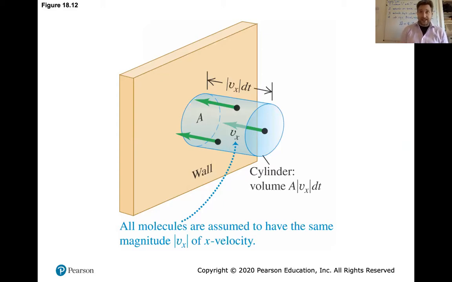How much force do they exert altogether? Over what area gets us the pressure? So in any case, the volume in which the molecules need to live in order to hit the wall during time dt is a cylinder of area A and height equal to the distance that the molecules could travel in time dt, which is just Vx dt.